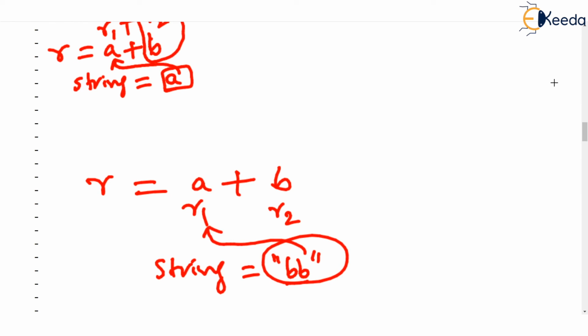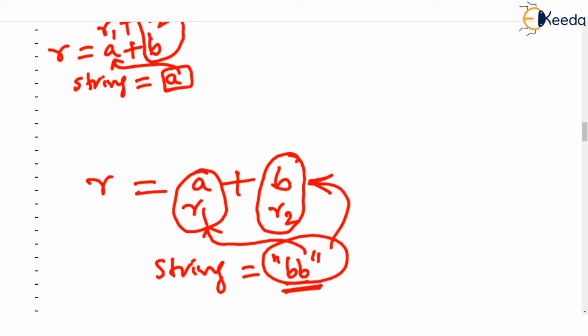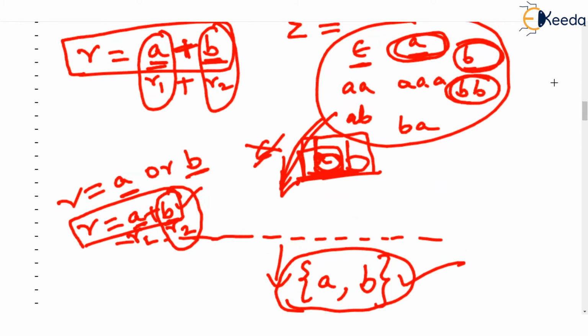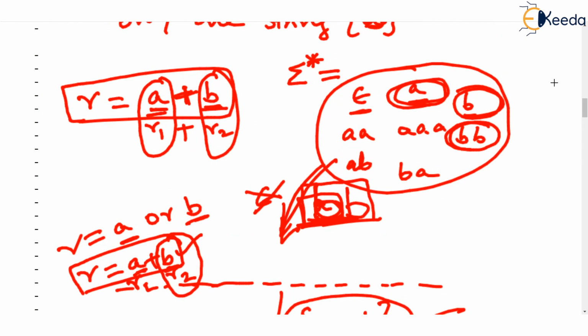This regular expression says that the string should be A, and this BB does not match the other regular expression also, because the second regular expression says that the string should be single B, but we have double B, and we don't have any provision to match this second B in our regular expression. So only two strings will be passed through, that is A comma B. I hope you have understood, isn't it?